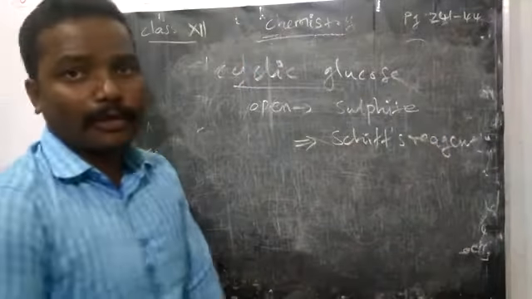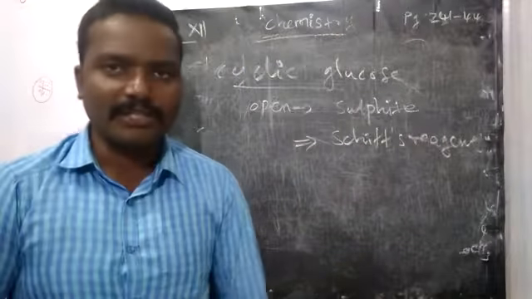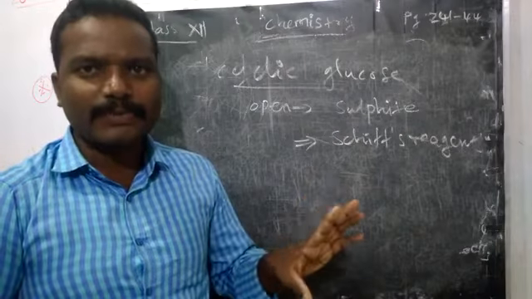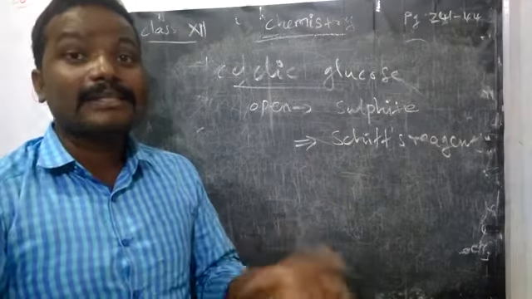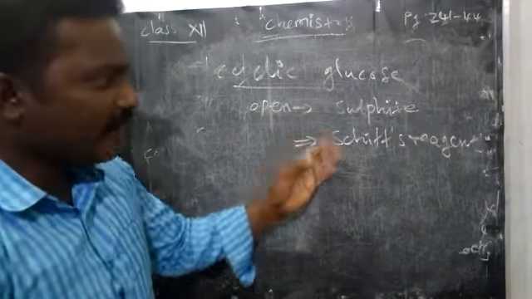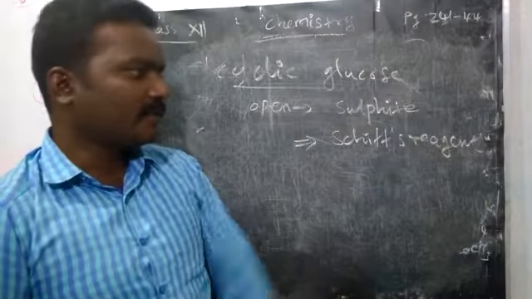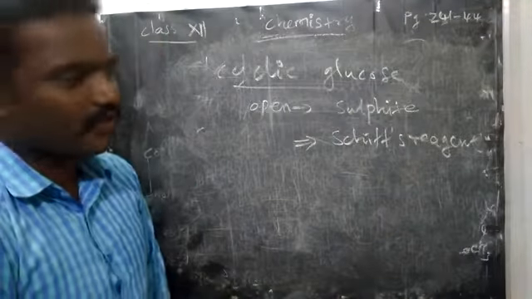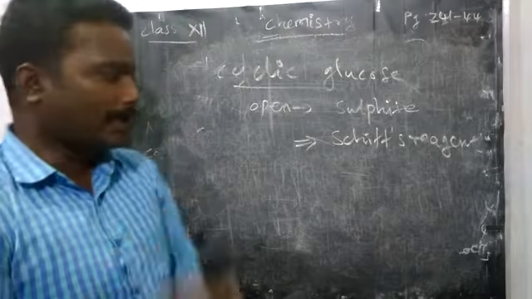Usually an aldehyde will react with Schiff's reagent, but we confirmed the aldehyde group is present, which is present in some other form. That is why it does not react with the bisulfite compound as well as Schiff's reagent.